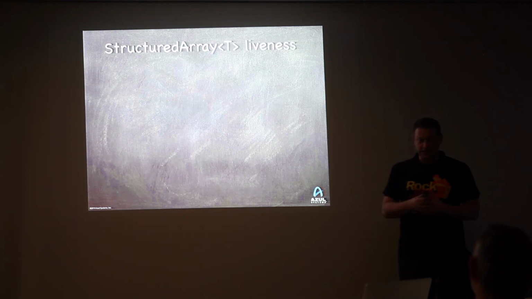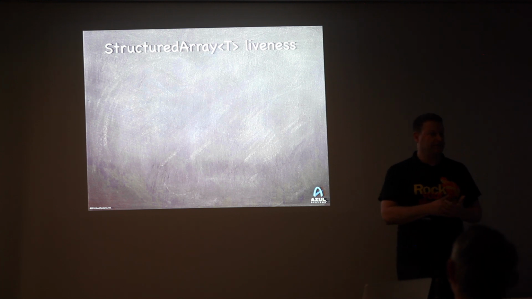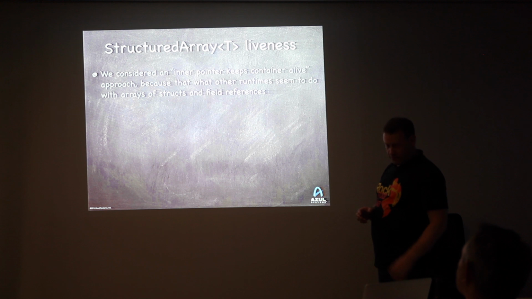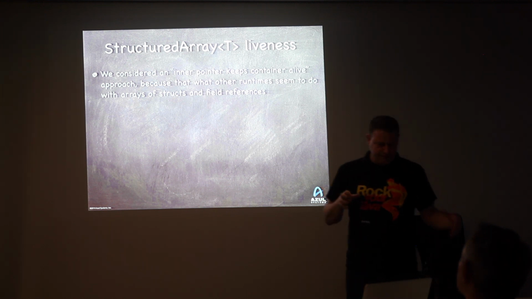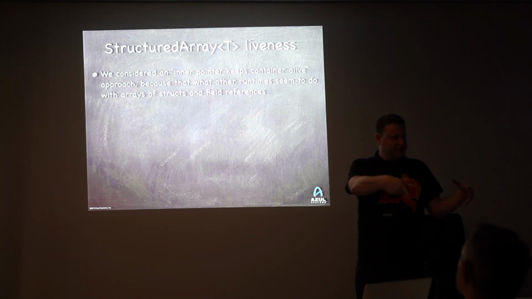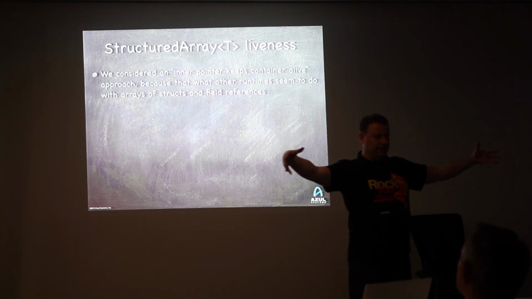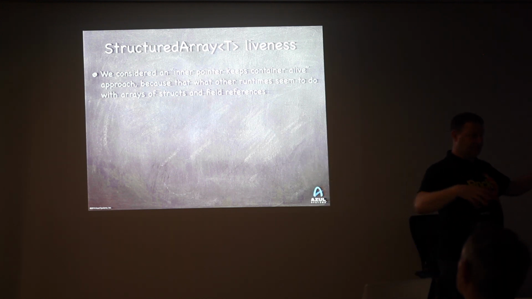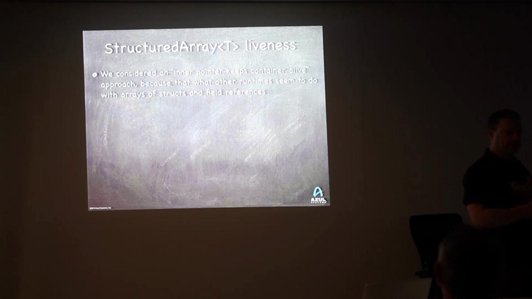Okay. Another key trick was figuring out liveness. This took us a while because we started off with the notion that it's an array of these things inside. And if you have a reference to the middle of the array, that usually means you want to keep the whole array alive. That's what every other implementation in the world that has this array of structs does.